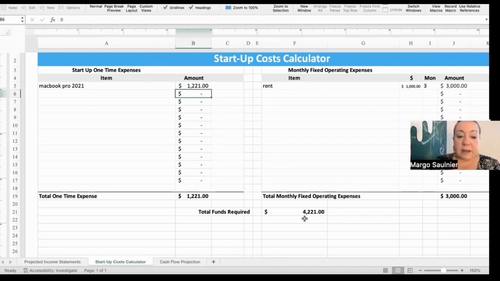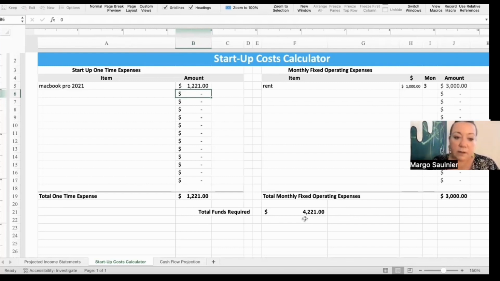Right. And the clients that we've been working with, many of them have already put in a lot of expenses in their own investment in their equipment, website design, all of that.